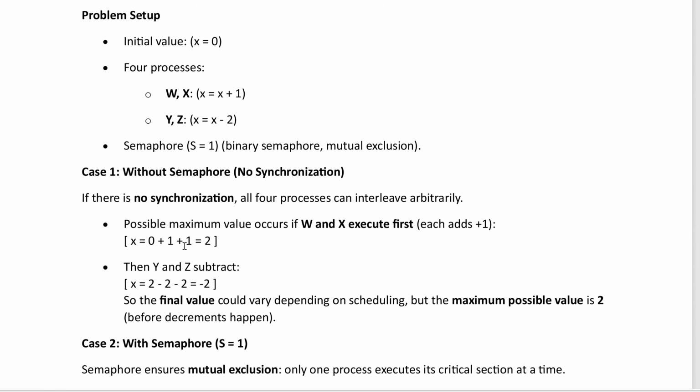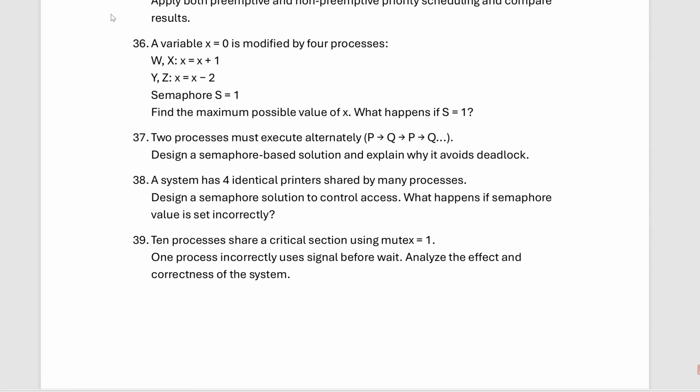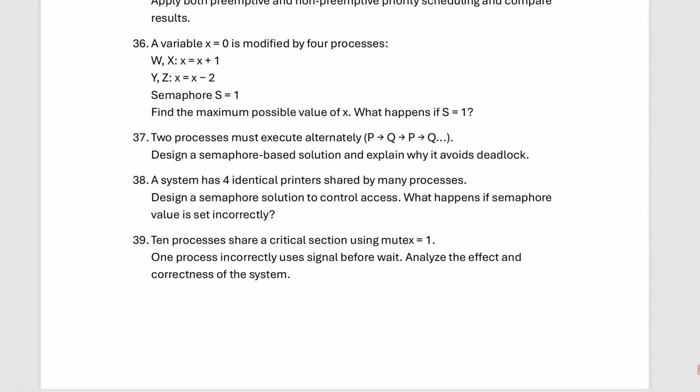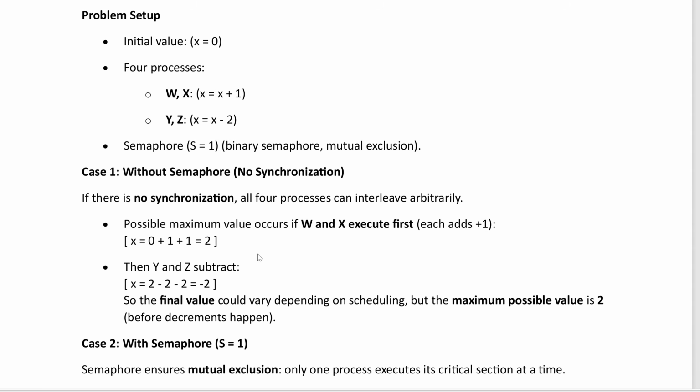The initial value is 0; 0 plus 1 is 1, 1 plus 1 is 2. W adds 1 to the value of x, and X also adds 1 to the updated value of x. So the value of x will become 2, right?